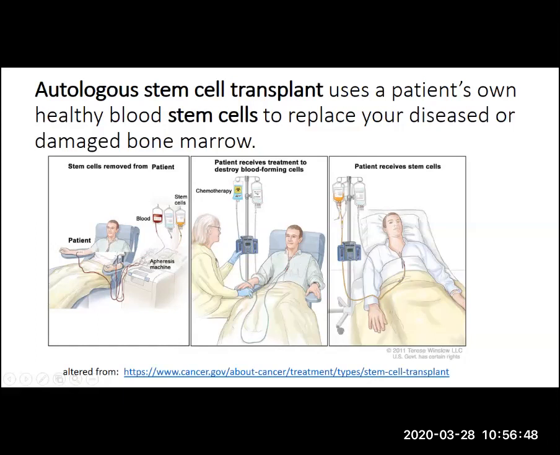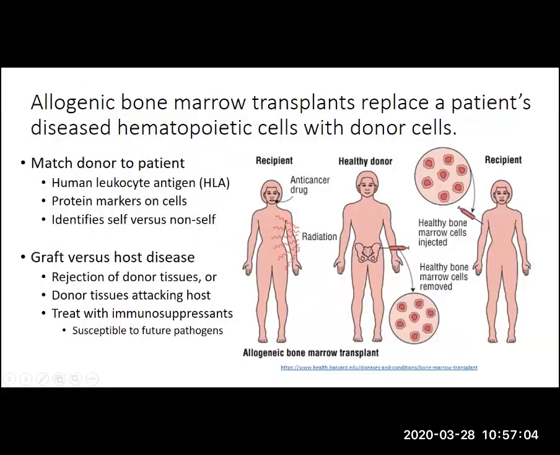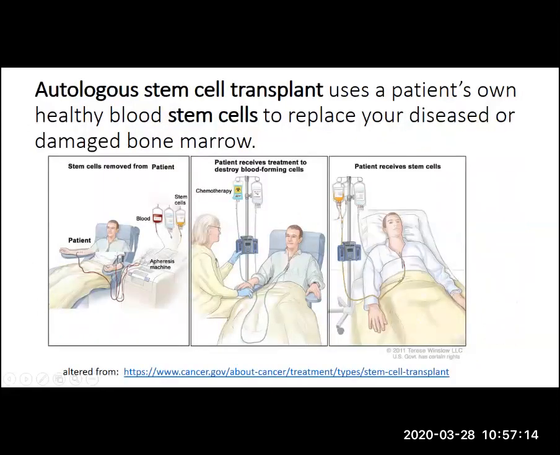And then ultimately, after these diseased cells have been killed off, the patient is going to receive their own stem cells, or cells that are matched to them because they're coming directly from them. And again, this is an autologous stem cell transplant, as opposed to what we were talking about before, an allogenic one. An allogenic transplant is coming from another individual, and you have to worry about the HLA match because of the graft versus host disease.